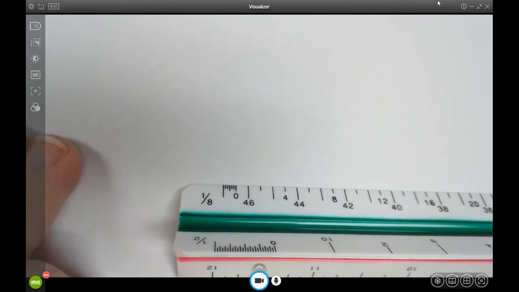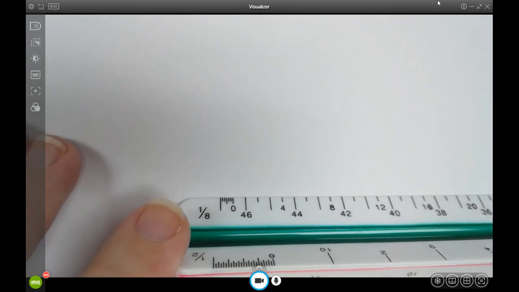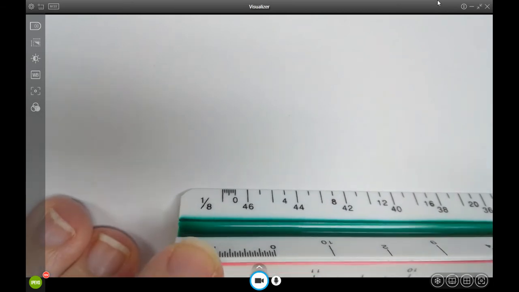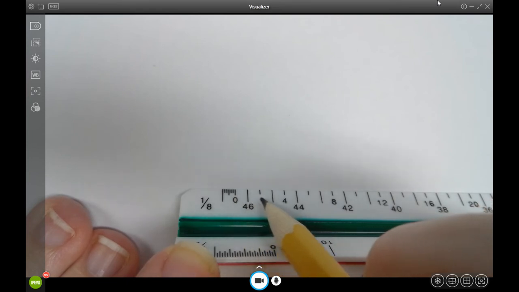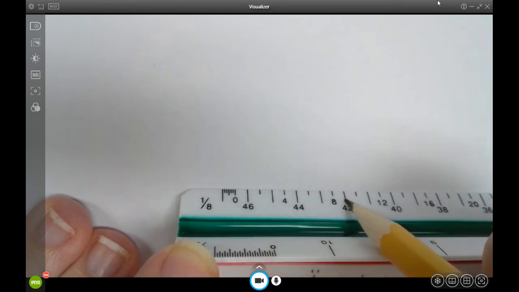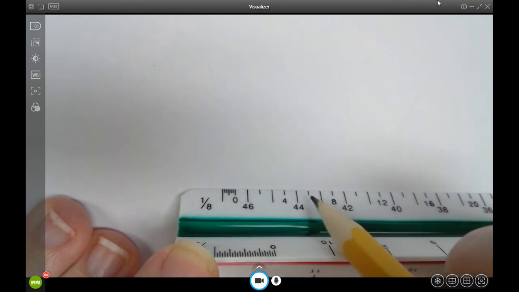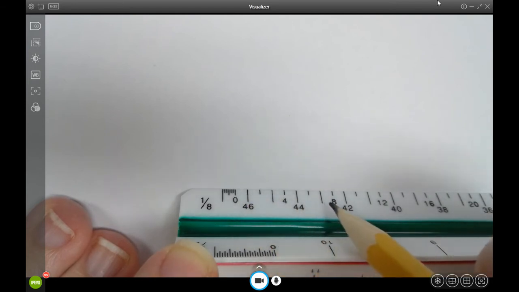So the 1/8 of an inch is going to work the exact same way. All right, we have our 0. We have our little tick marks. Remember, the little tick mark section is where the inches are going to be. And then we have our tick marks that are a little bit bigger. The bigger tick mark section is always going to be our feet.